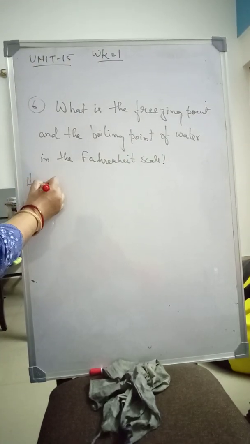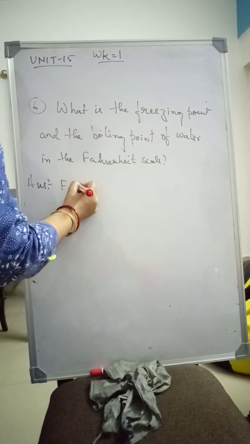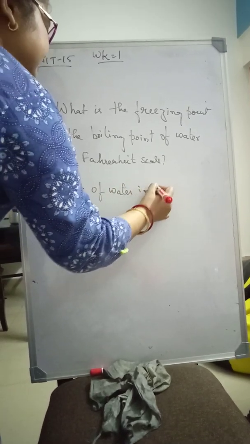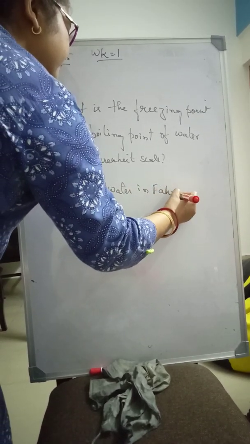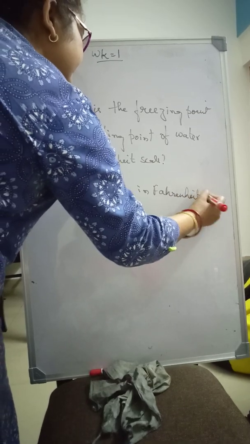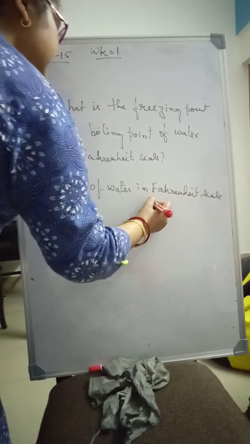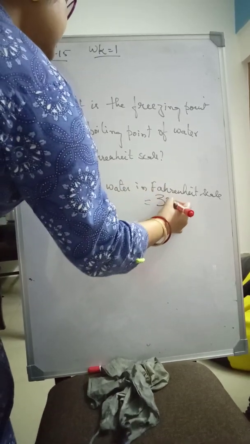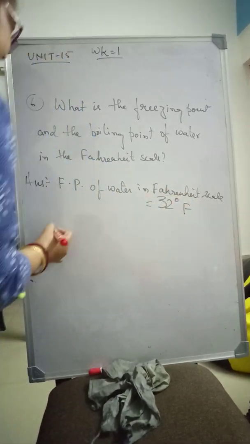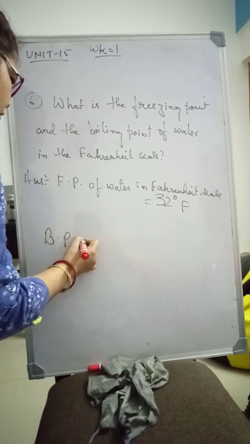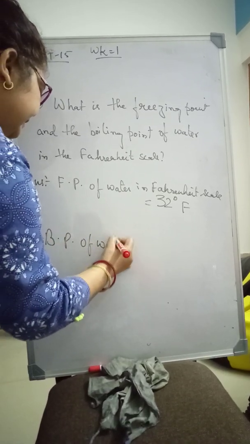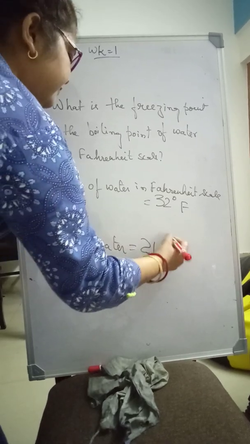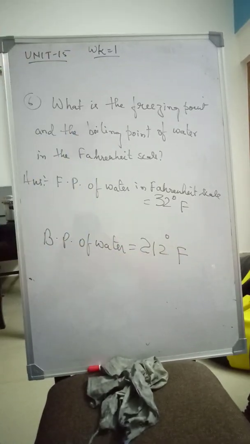The freezing point of water in Fahrenheit scale is 32 degree Fahrenheit, and the boiling point of water in Fahrenheit scale is 212 degree Fahrenheit.